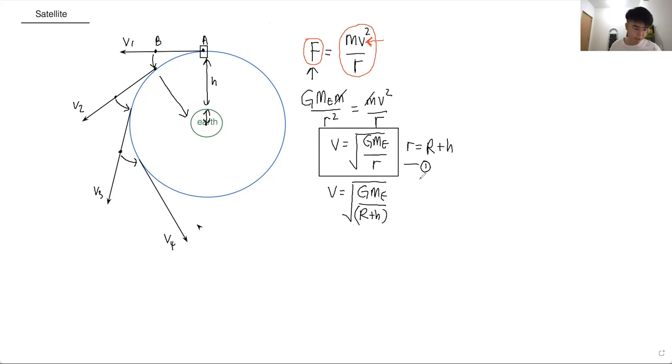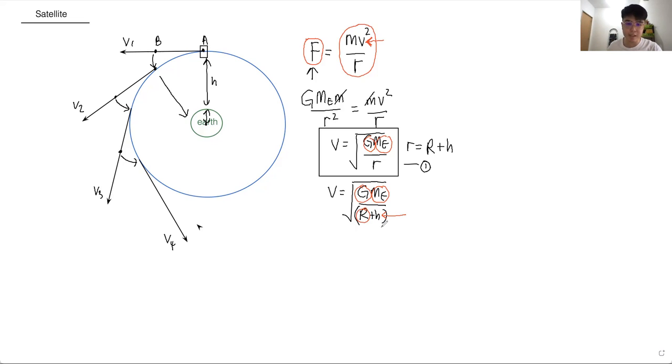Okay, now from here we can see what are the constants here. Constant GME and R are the constants. So the only thing that affects the velocity of the satellite would be the height. This is very, very important information. So we can say that when the satellite is higher up, at high altitude, it needs less velocity to orbit.